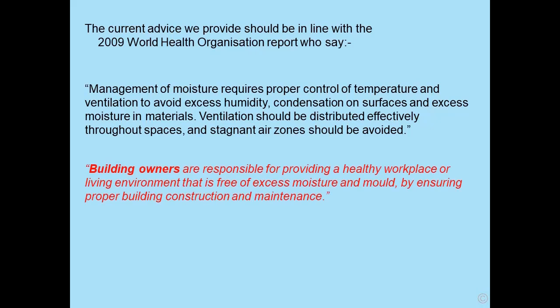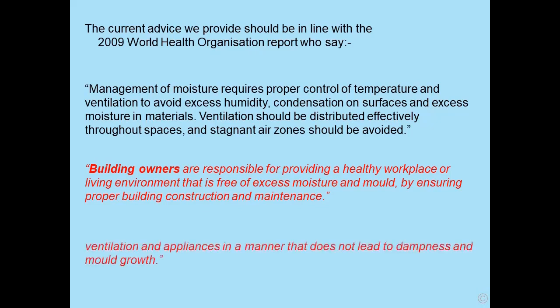Building owners are responsible for providing a healthy workplace or living environment that is free of excess moisture and mould by ensuring proper building construction and maintenance. But what I like about this, it equally says the occupants are responsible for managing the use of water, heating and ventilation and appliances in a manner that does not lead to dampness and mould growth. I personally think that is an excellent balance of responsibility.